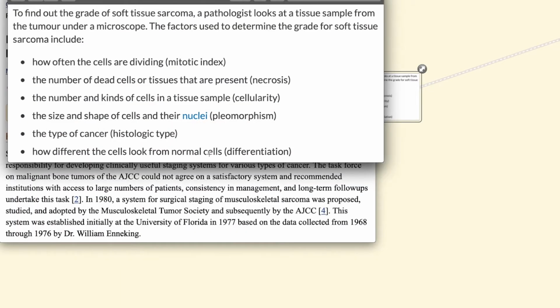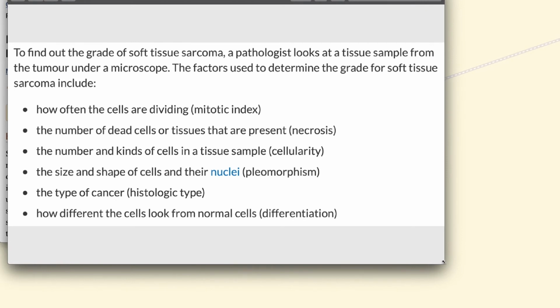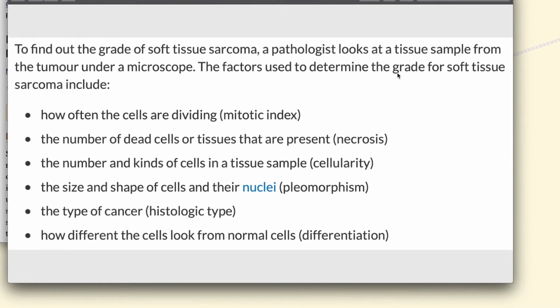For the grade of a soft tissue sarcoma, usually a pathologist will look at the tissue sample from the tumor under a microscope, and there are factors used to determine the grade, including how often the cells are dividing, the number of dead cells or tissues present, the number and kinds of cells in a tissue sample, the size and shape of cells and their nuclei, and also the type of cancer based on histology and how different the cells look from normal cells, or the differentiation level.